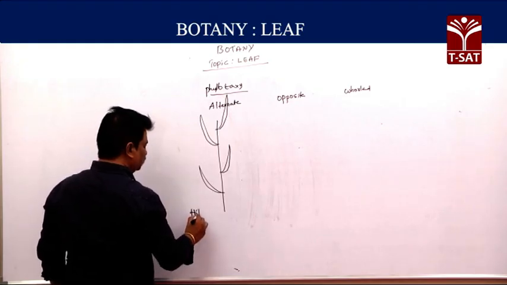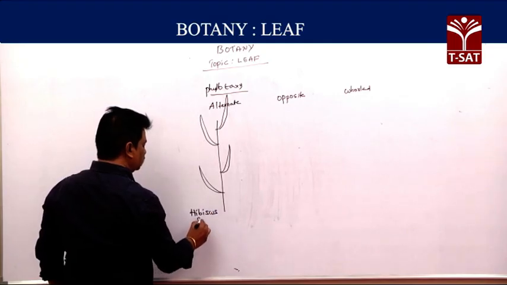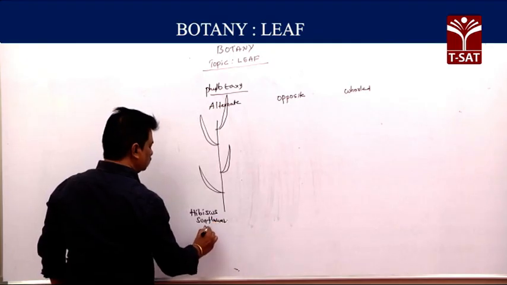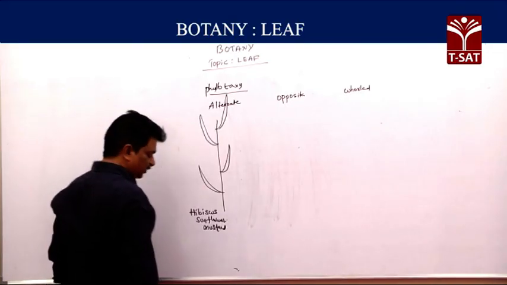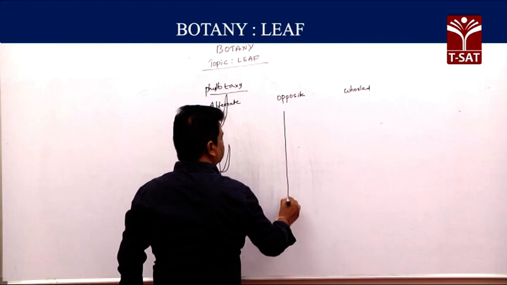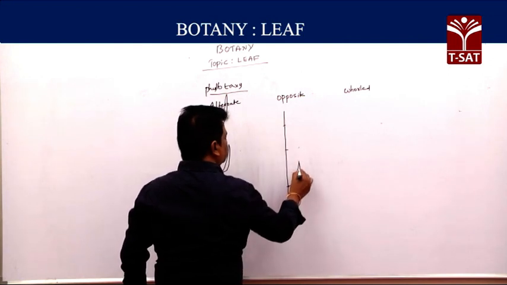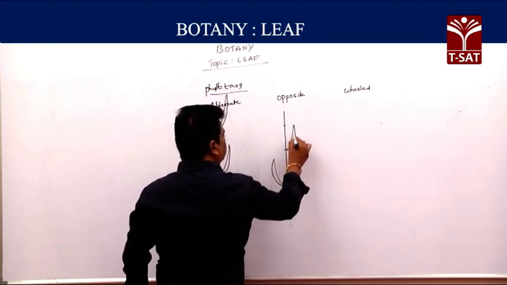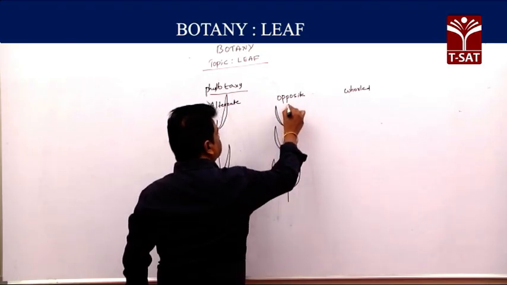Example for alternate phyllotaxy, one is hibiscus, and second one sunflower, and even mustard. Second one, opposite phyllotaxy. In this, at each node, two opposite leaves are present. At each node, if two opposite leaves are present, that is called opposite phyllotaxy.